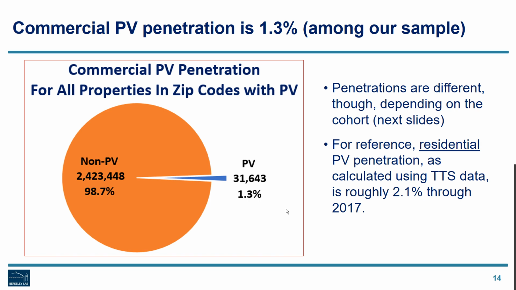And of course, that is the average across our full sample. We're going to see multiple different penetrations as we look through the various slides. For reference purposes, the residential PV penetration through 2017 was 2.1%. So they're in the same ballpark, but of course we see greater penetration of residential systems. Now, as we look across cohorts, and if we looked across different zip codes, we'd see higher penetrations.